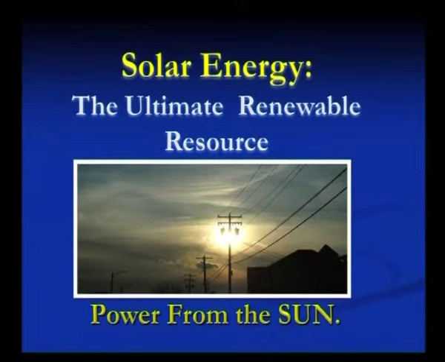So, one among these types of renewable sources is solar energy. Today, let us begin with part 1 of solar energy. And this energy is supposed to be the ultimate renewable resource of energy that we are looking forward to. It is primarily the energy which is coming from the primary source of energy, which is nothing but our sun, solar energy.